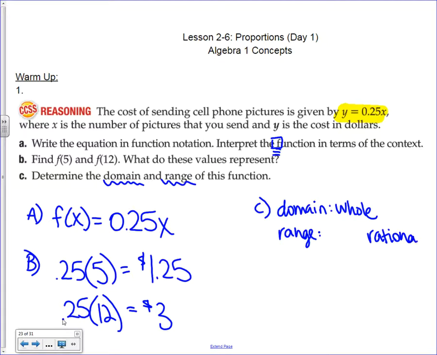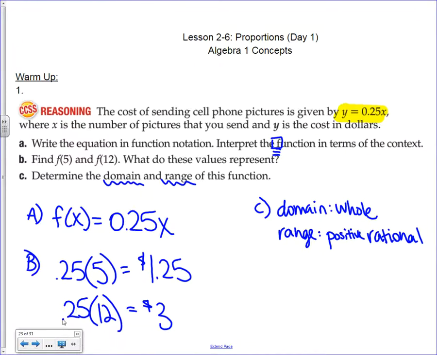Guys, rationals can be decimals or fractions. Now, but we said we can't have negatives, right? Can't have negative money. Rationals include negatives. So I want to say the positive rationals is what I will get for the y's. Does that make sense to everybody? Okay. All right.